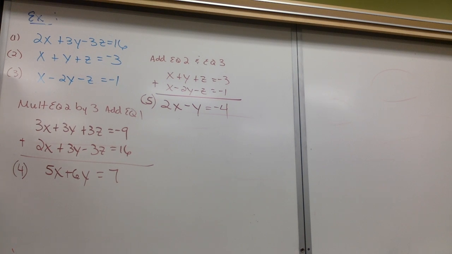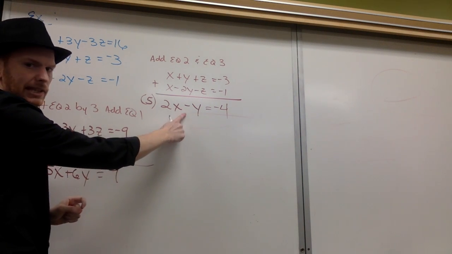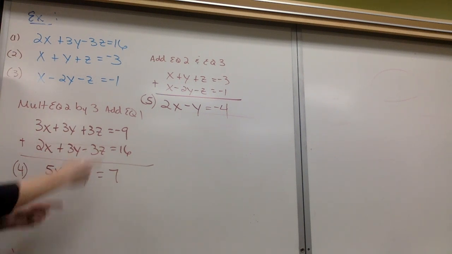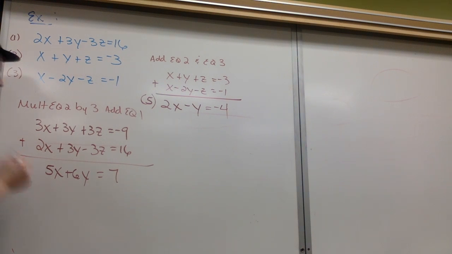All right. Well, can you see what I can figure out? I think I can get rid of y. If I multiply this by 6 and add it to this guy, the y's would cancel, right? I think that's what I'm going to do. Instead of me multiplying this by 2 and this by negative 5 and adding them to get rid of x's, I think I'm going to do the y's.